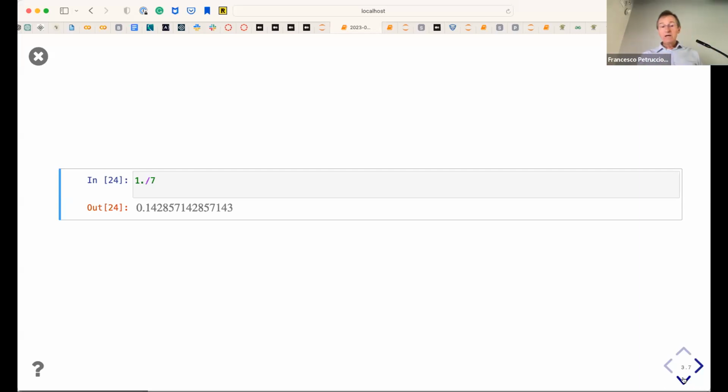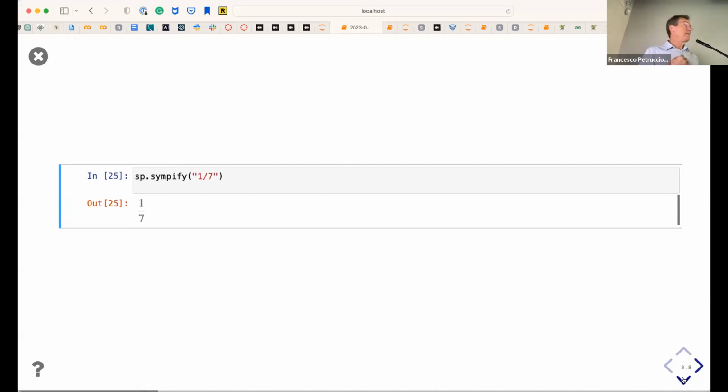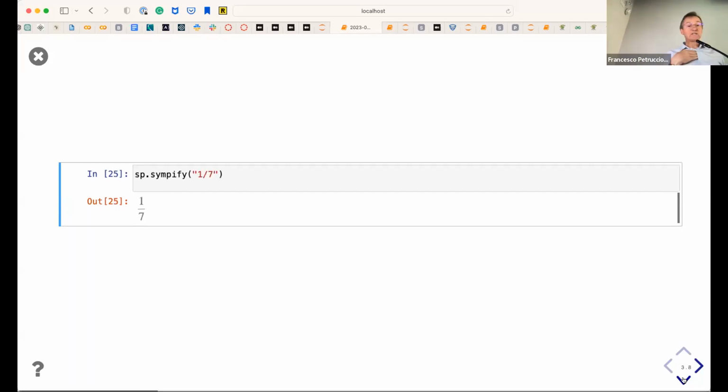If you do it in SymPy and you use this command simplify, the result will be 1/7, just the fraction, the rational number 1/7. So simplify of an expression allows you to write it as it is. If you want 1/17, it calculates with the rational number 1/17.